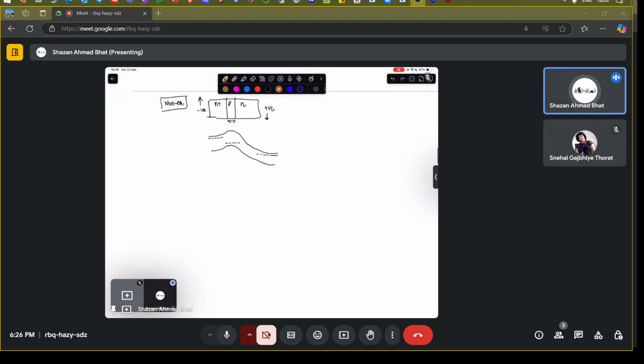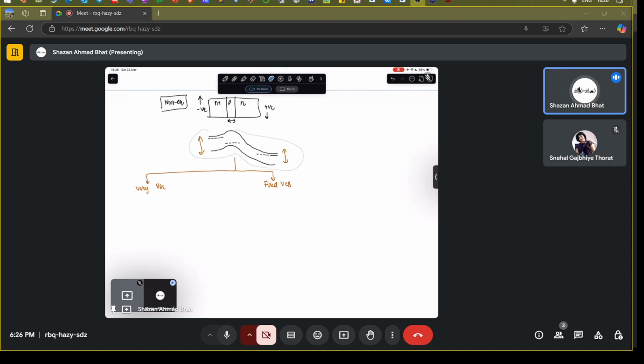We are going to see two different cases. The first case: we vary VBE, which is the voltage around this end, and we keep VCB fixed.